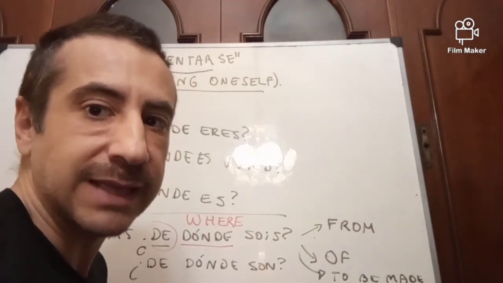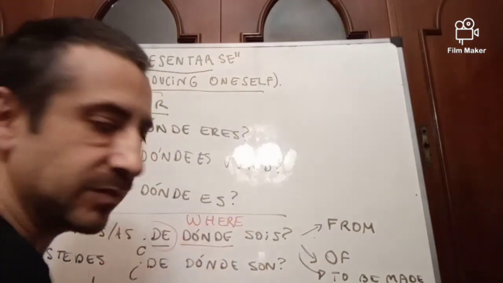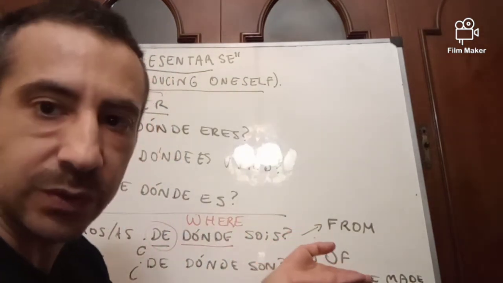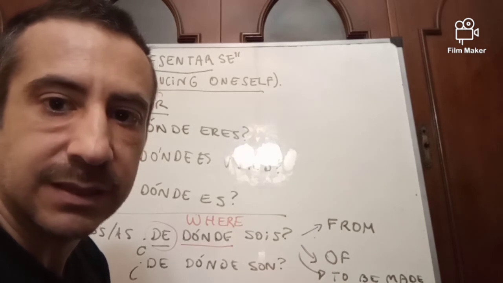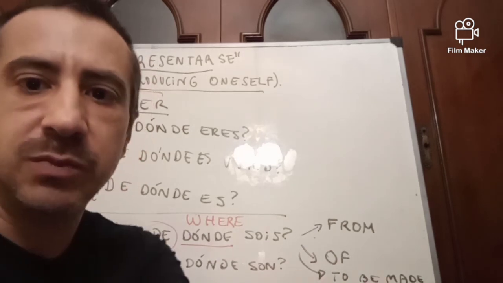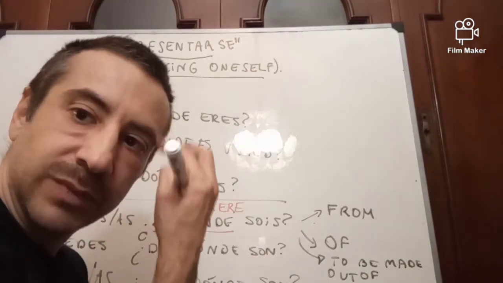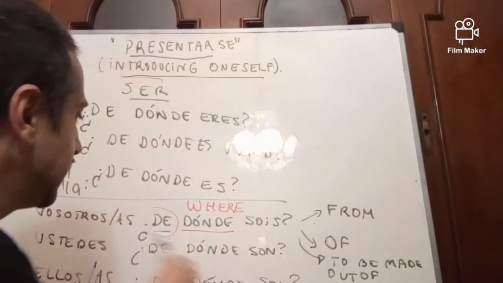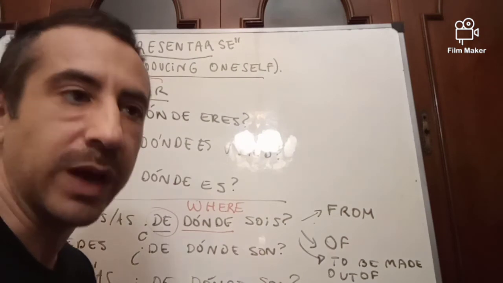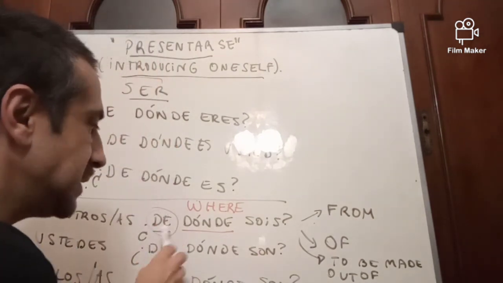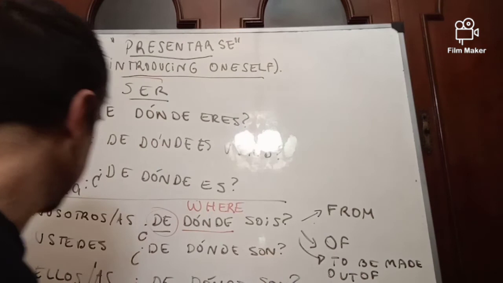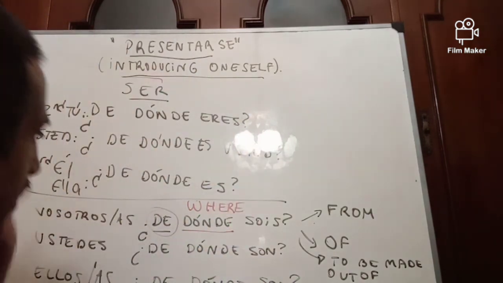That's another meaning. I showed you the three meanings so that you know them. But in this case, when we are asking where are you from, this "de" means "from." So this is the whole conjugation.